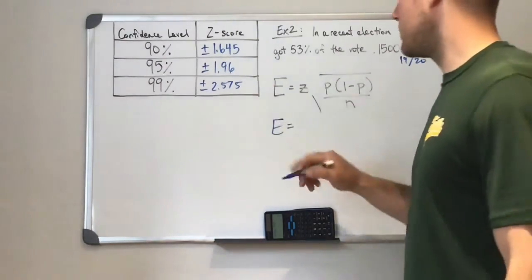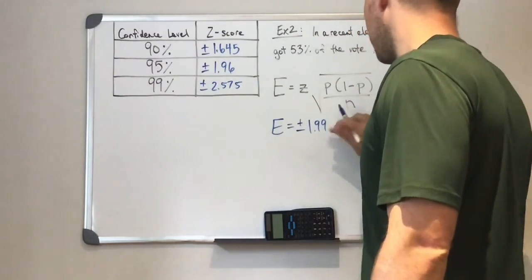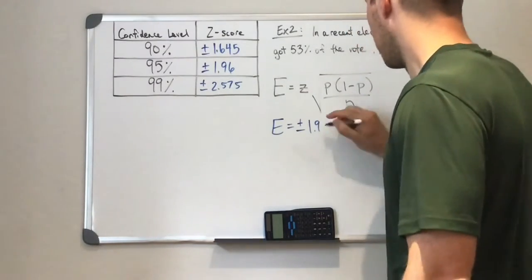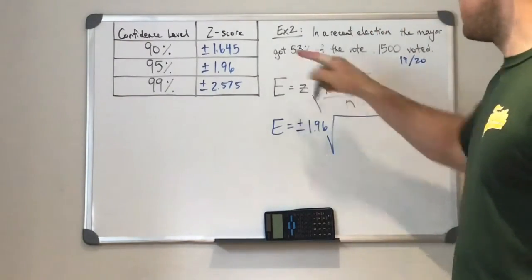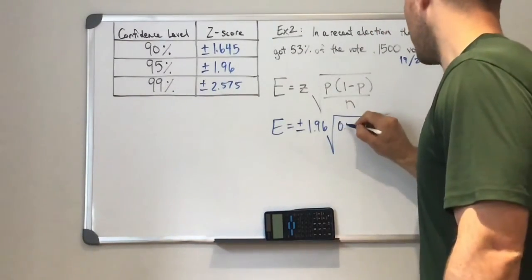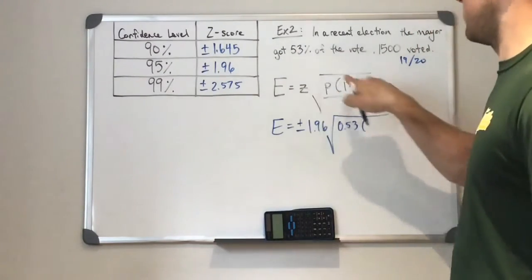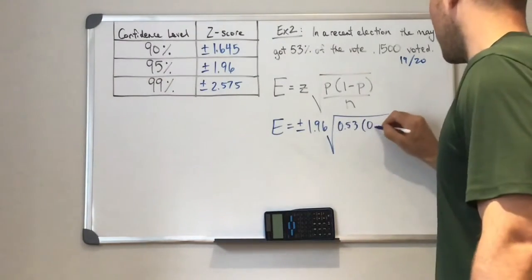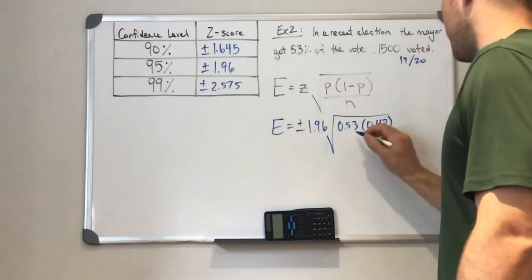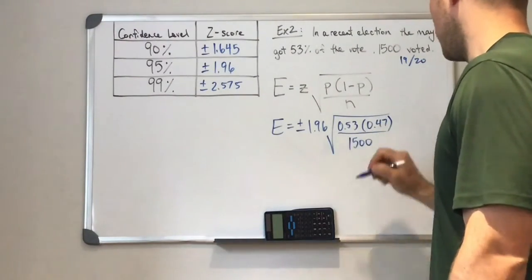Okay, so our z-score, we have positive and negative 1.96, that's not a 6, times the square root of the percentage of people that did vote for him, times the percentage of people who didn't, which is 1 minus 53%, so 47%, and we got a total of 1,500.